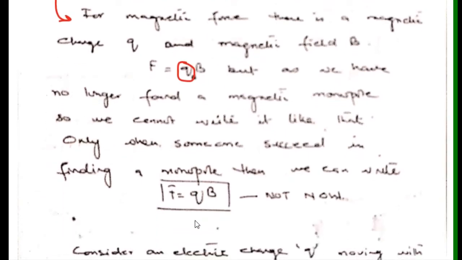So when we are able to find a monopole for the magnet, then maybe we can use this formula F is equal to QB. But as of today, we have not been able to find a monopole for magnets, so we cannot use this formula for magnetic force.